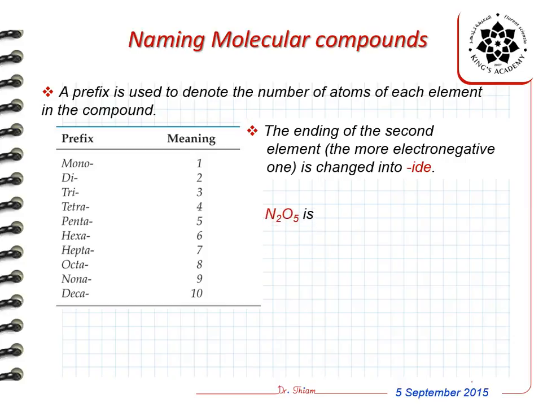Now let's take an example to clarify this before we move on to the other rules. N2O5 has two elements in it, nitrogen and oxygen, and notice that oxygen is written second because it is more electronegative. Now we need to name this using IDE for the second element, so we will have to say oxide. But we also have to apply the first rule, which says that we must use the prefixes to indicate the number of atoms of each element.